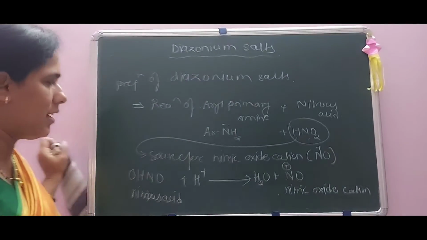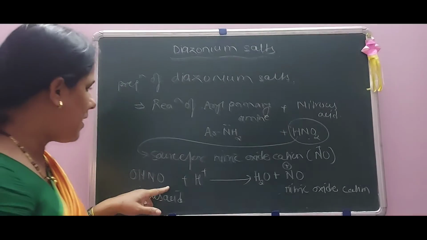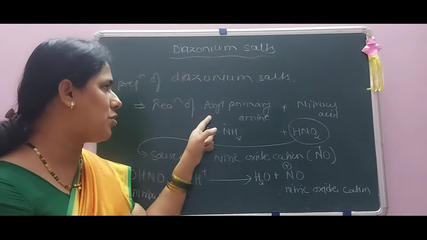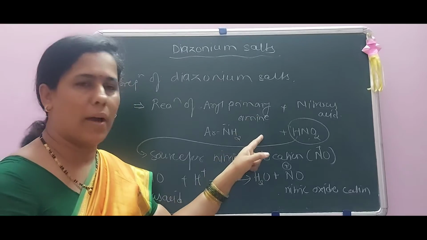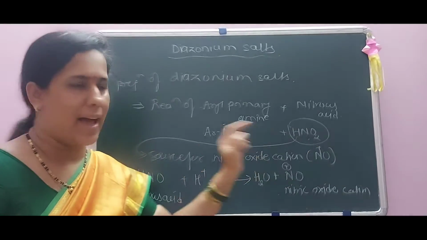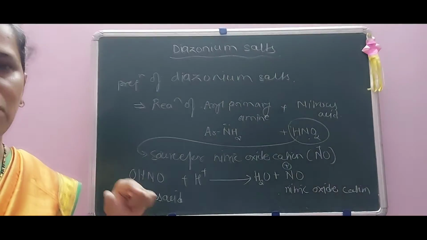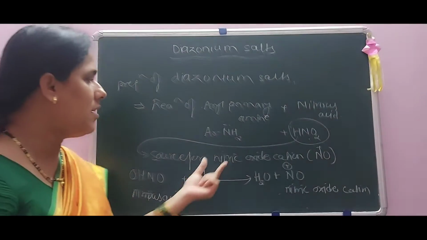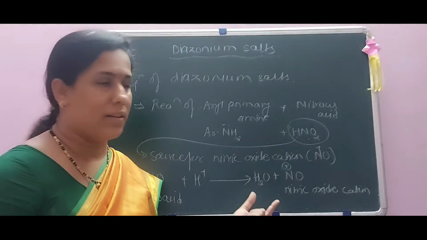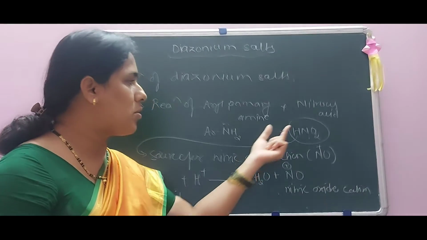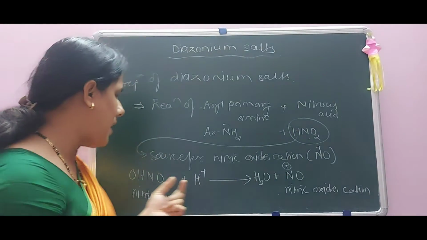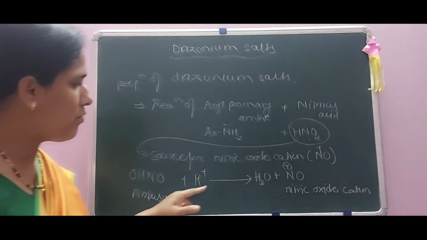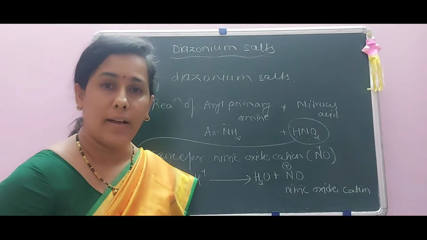Okay, got it here? What I am taking is the reaction, first, of an aryl primary amine with nitrous acid, and from the nitrous acid we get the nitric oxide cation. Nitrous acid on protonation gives the nitric oxide cation.